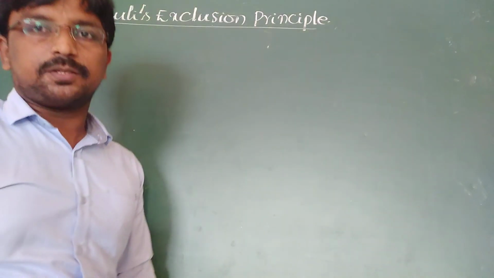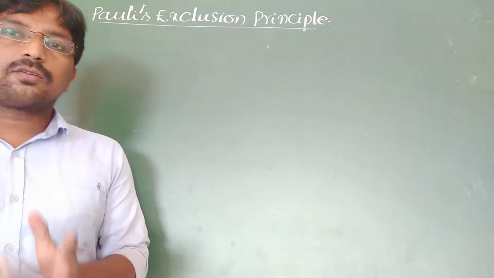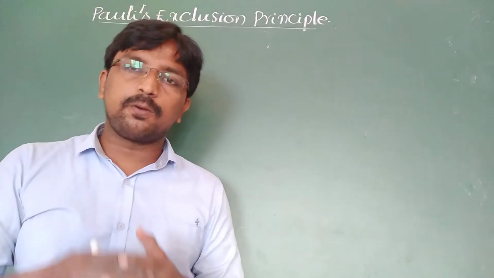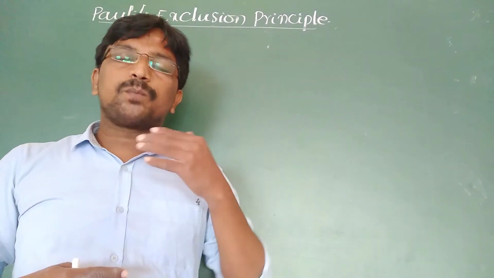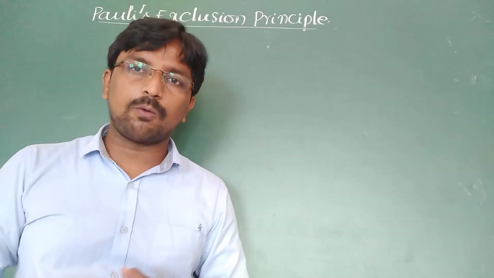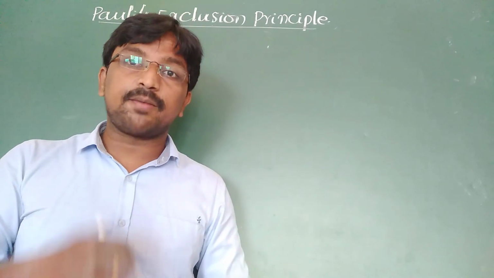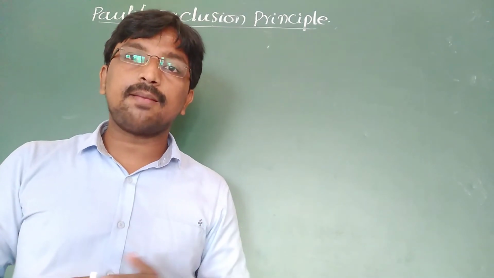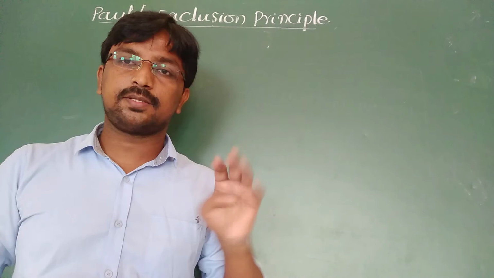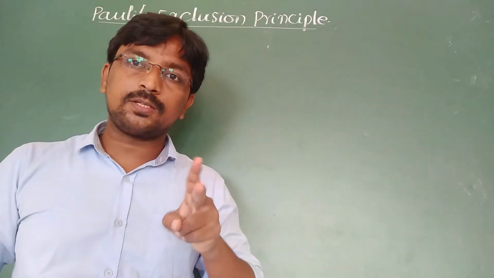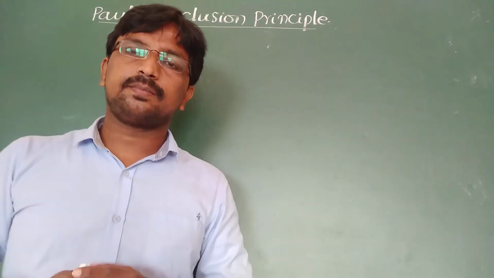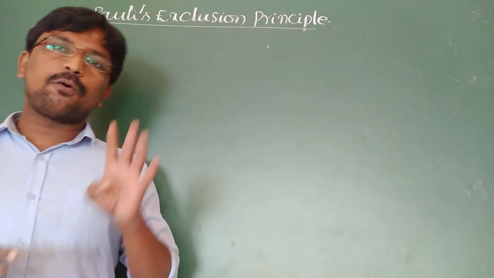According to Pauli's exclusion principle, no two electrons in the same atom can have the same set of four quantum numbers.